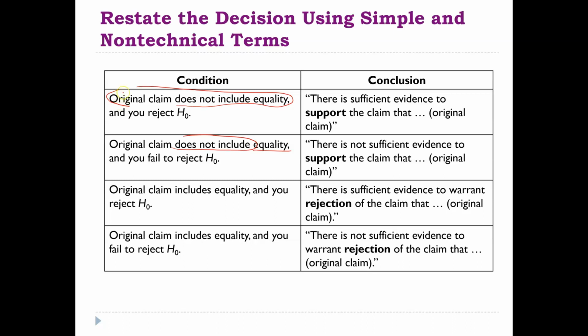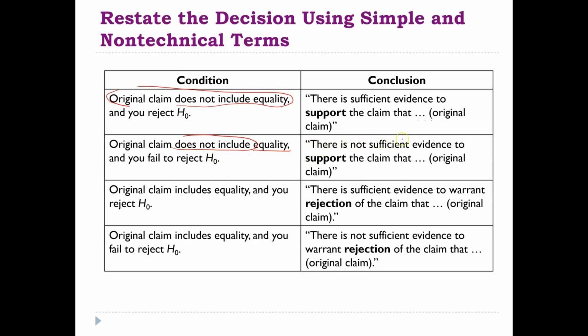For example, if our original claim does not include equality, and we reject the null hypothesis, then we write conclusion as there is sufficient evidence to support the claim that, and we restate the original claim. If our original claim does not have equality and we fail to reject null hypothesis, then we write conclusion in these terms.